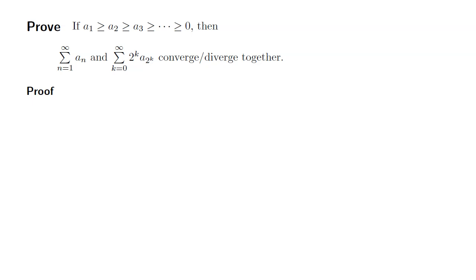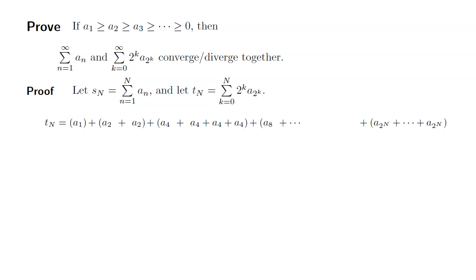So here's the notation I'm going to use for partial sums. I'm going to use S sub capital N for the first series, and I'm going to use T sub capital N for the second series. Right? So let's look at the first, T sub capital N. I'm going to just write down all these terms here.